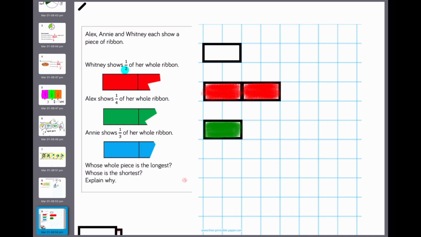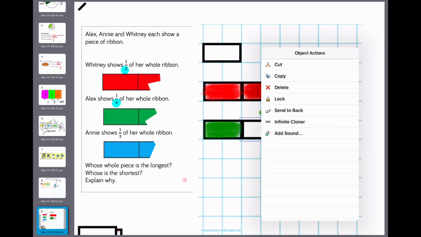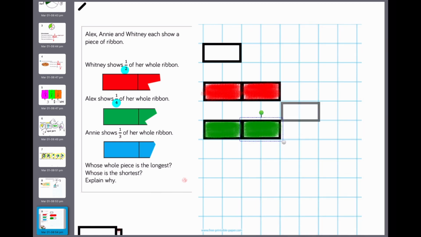Alex shows 1/4 of her whole ribbon. How many parts does Alex's whole ribbon have? 4. So let's make the rest of Alex's ribbon. Part 2, Part 3 and Part 4.